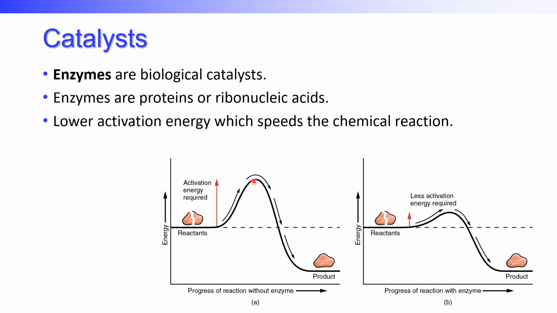And what a catalyst does is it lowers that energy requirement. So in this reaction, we don't have a catalyst, so we've got a pretty high energy activation requirement here. But in this one, where we have the presence of a catalyst, that energy activation requirement was significantly reduced, and as a result, it makes that reaction happen much more quickly and much more easily, and actually much more efficiently.